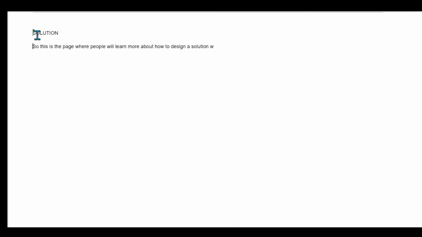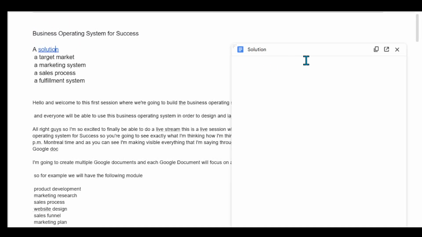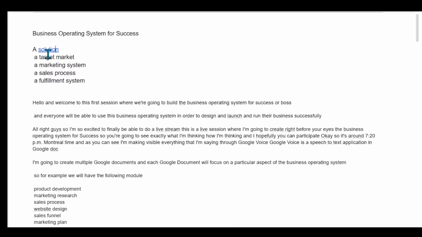And so now we're going to go back to the main page. This is the solutions page, and now we're going to describe basically the 5 key components of a business, and within each component we're going to have more details.